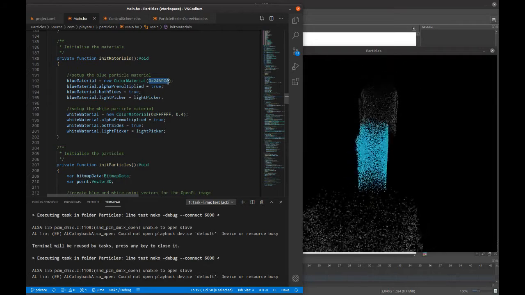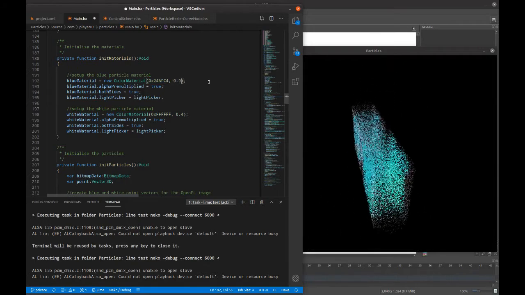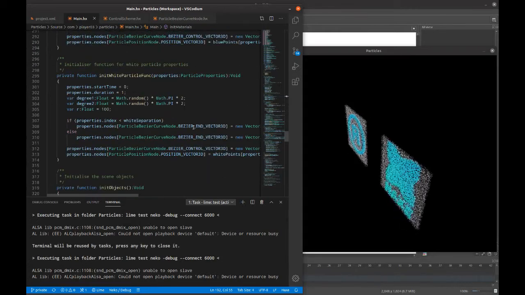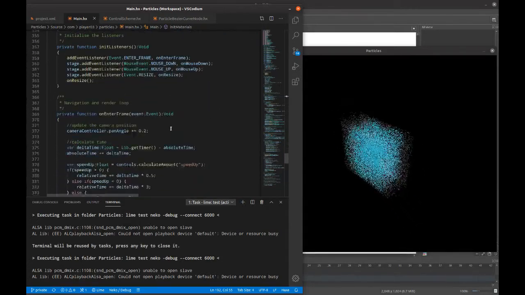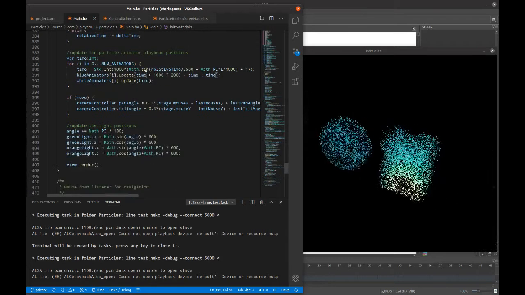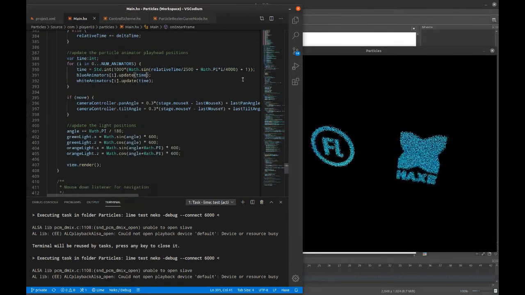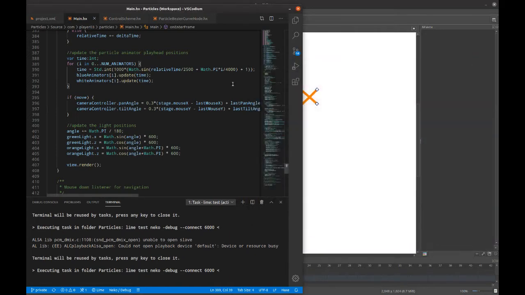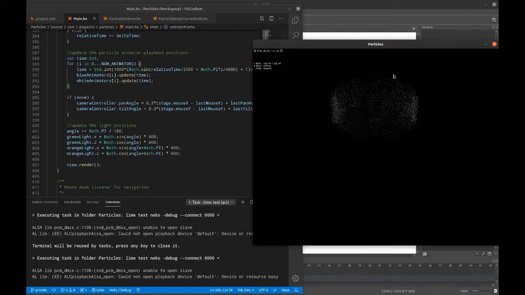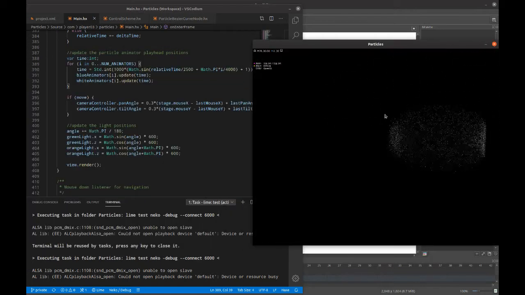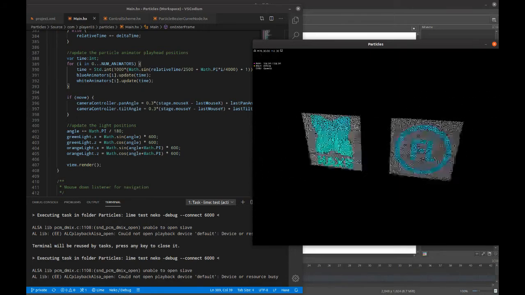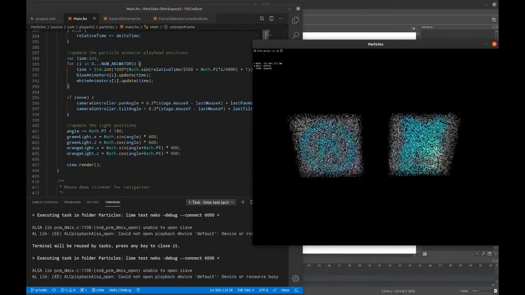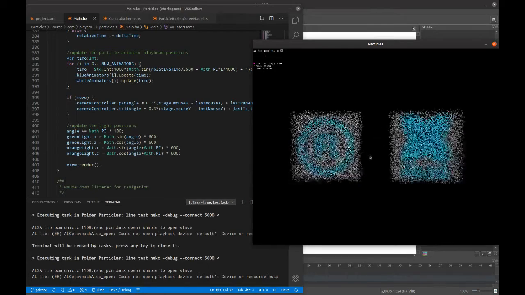There's no code that would cause this difference. And yet it is always different, always. I made the white particles brighter as well.